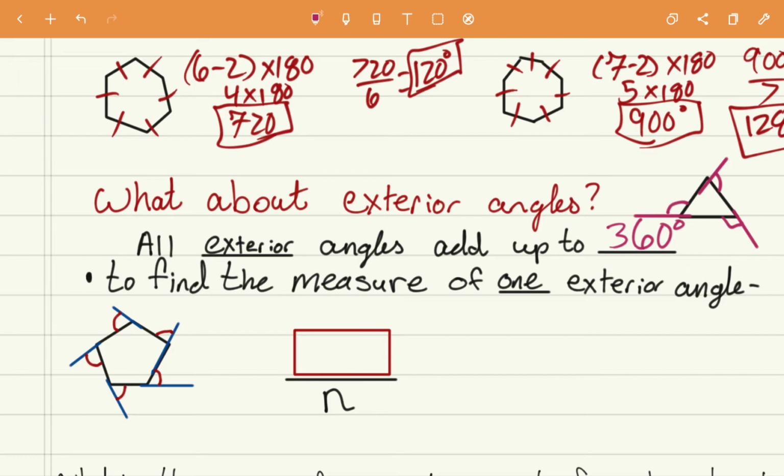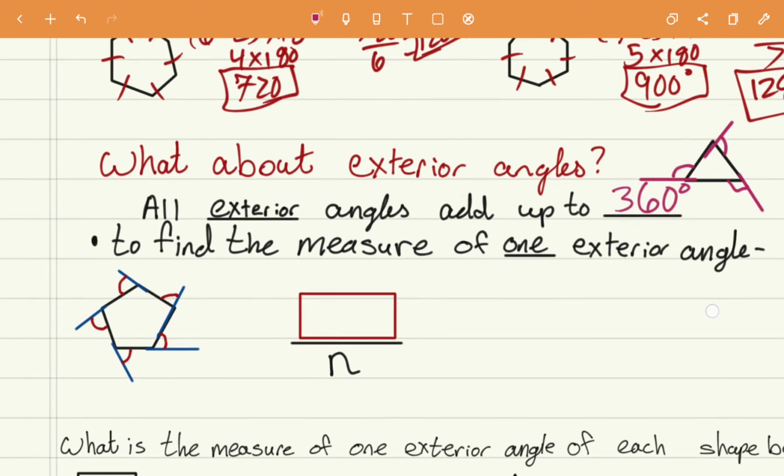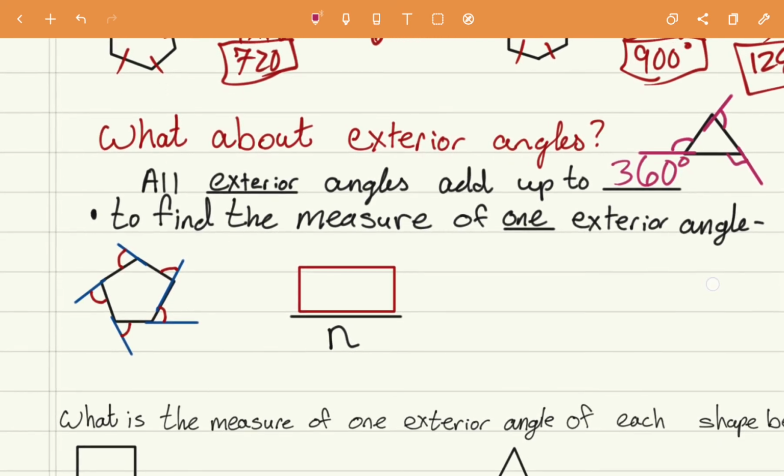It could be a triangle, square, hexagon, a shape with 100 sides. They always equal 360. So if you want to find the measure of one exterior angle, assuming it's a regular polygon with all congruent sides and angles, then you're going to do 360 divided by n, where n is the number of sides.